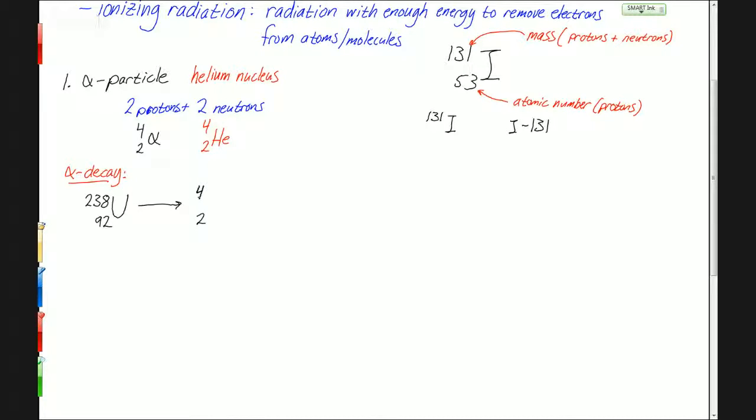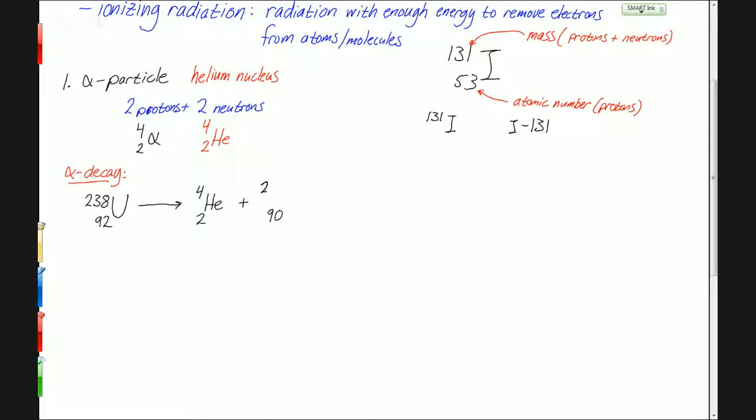And so uranium-238 will emit an alpha particle. An alpha particle will shoot off of this atom of uranium-238. To complete the reaction then, all we have to do is figure out what the other remaining numbers are and then rename the element. So if we've lost 2 protons from 92, how many do we have left? 90. So we just write that this new particle is going to have 90 protons. And what's its atomic mass going to be?